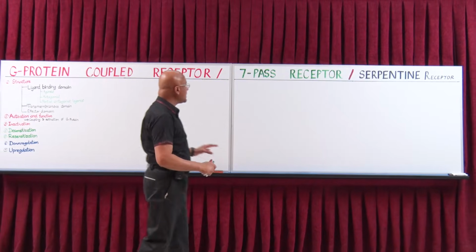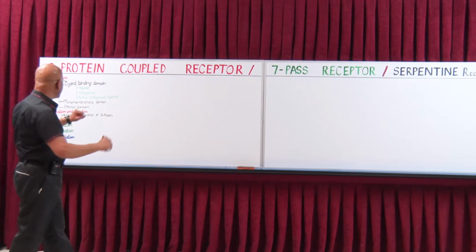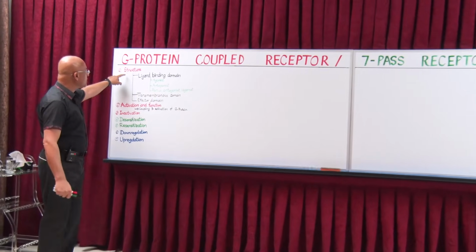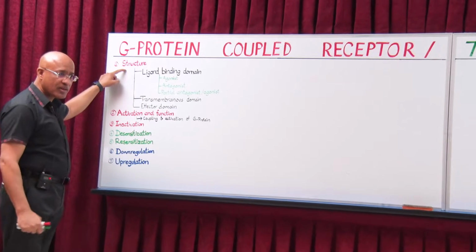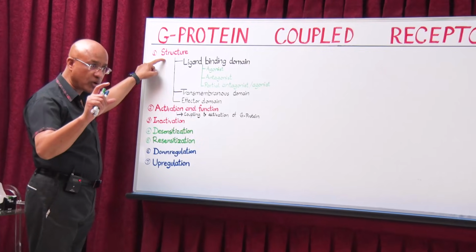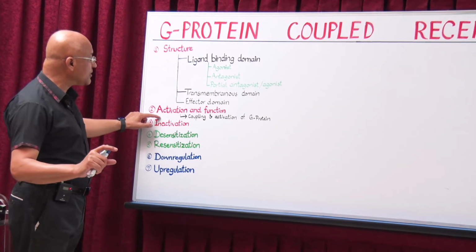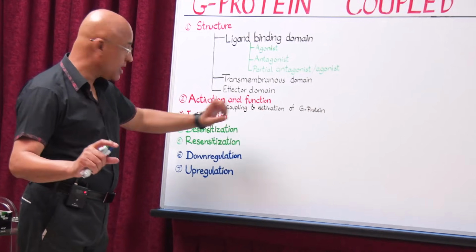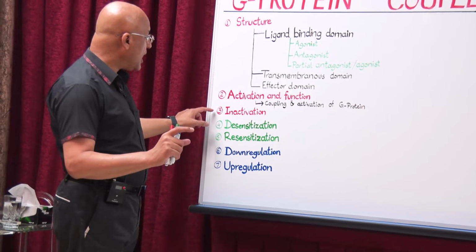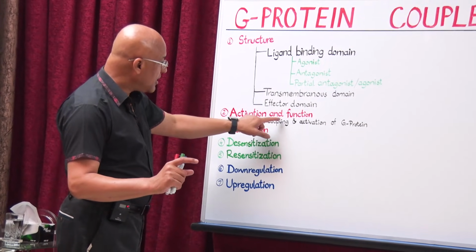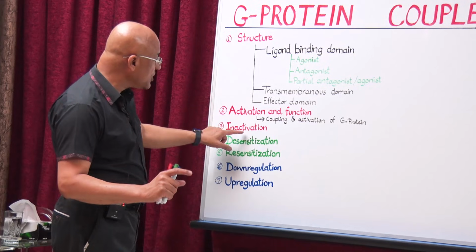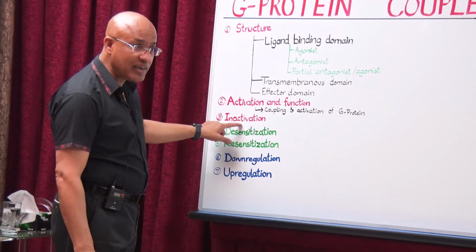But before that, what will we be doing in this lecture? First of all, we will discuss the structure of the receptor, how this receptor is structured, what the important domains are. Then we'll talk about activation and function of the receptor. After that, we'll look at how these receptors are activated and how these are inactivated, right?